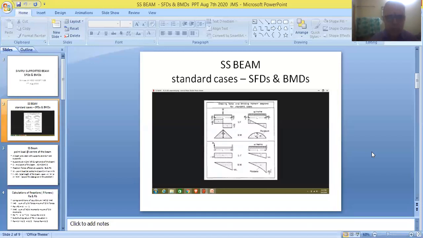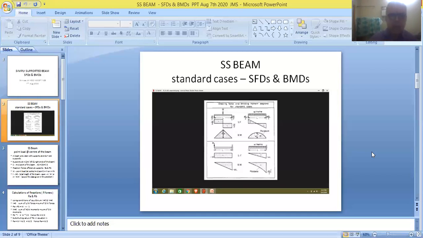It is acting in vertical direction. Generally all the beams will be arranged in horizontal position, and loads will be acting in vertical direction, that is perpendicular direction, or in a direction that is perpendicular to the axis of the beam. So this point load is acting in vertical direction, and also it is acting in downward direction.